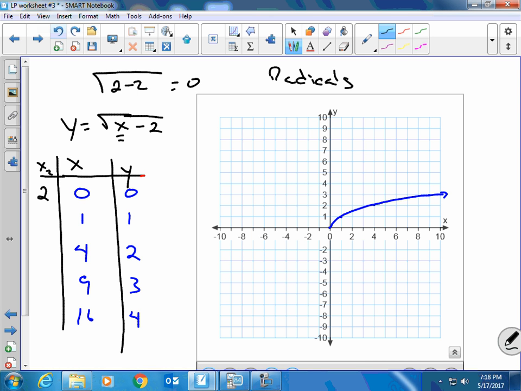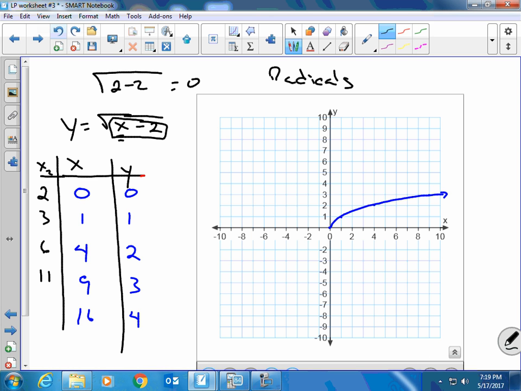So now let's think about this carefully. This expression underneath here needs to be my 0, 1, 4, 9, etc. So really, every x value needs to be 2 more than what I have listed here. So 3, 6, 11, and so on. Why?